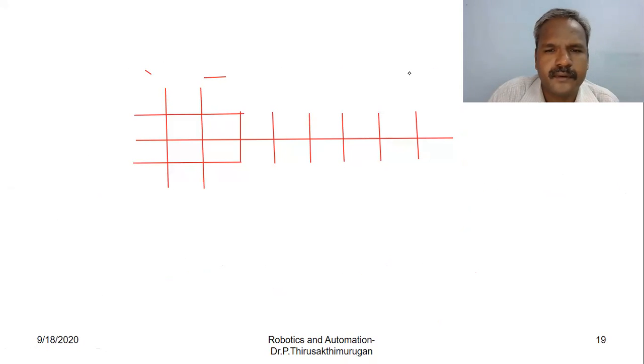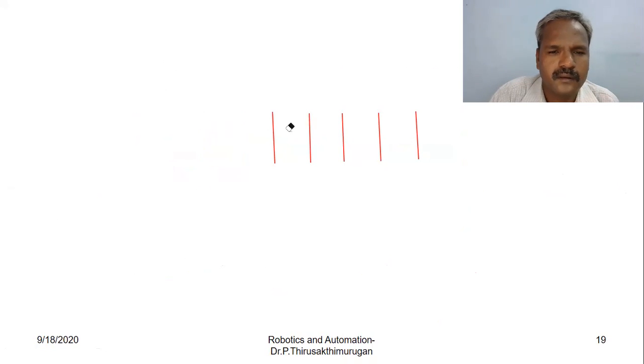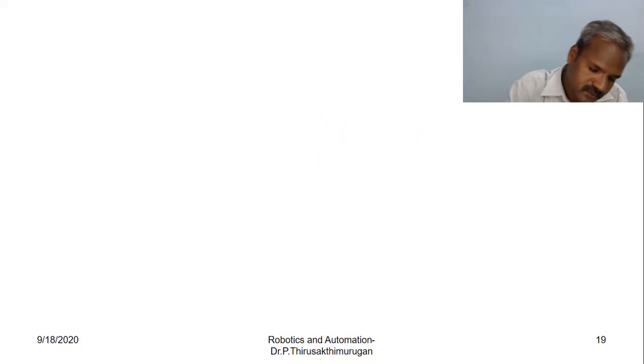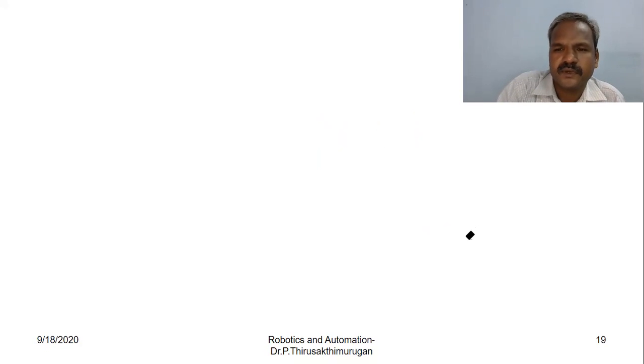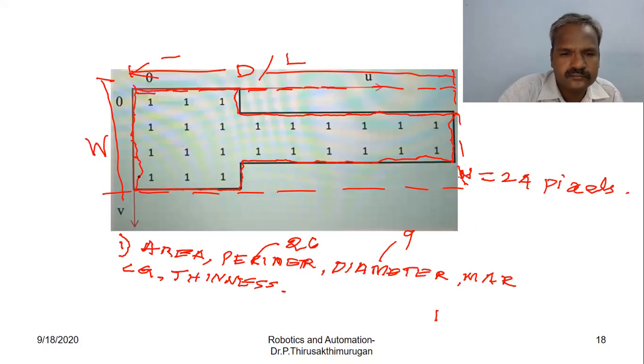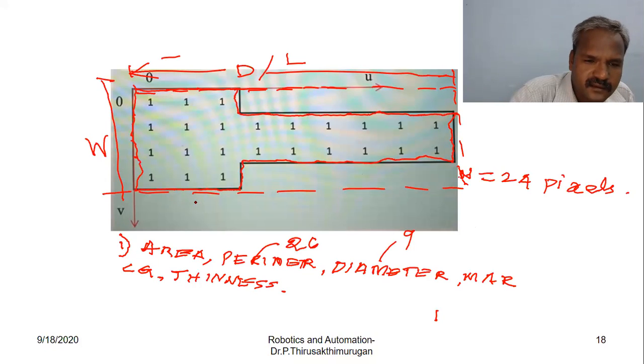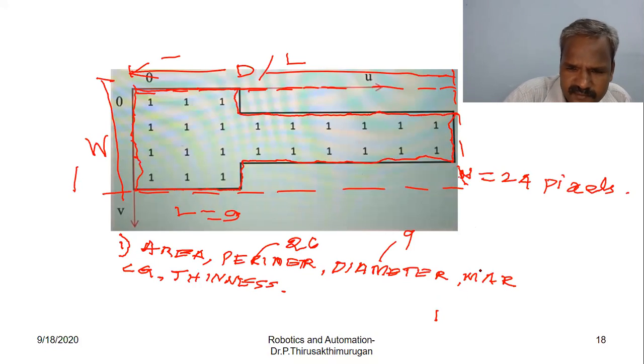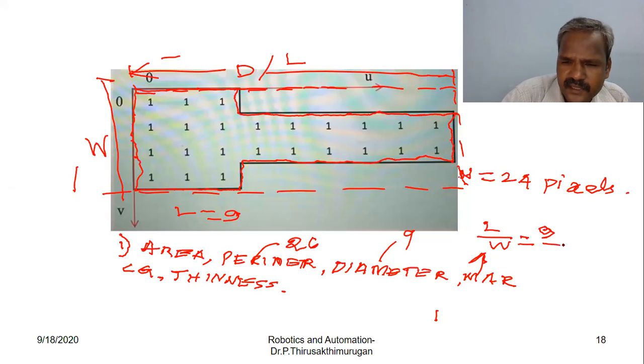Length, diameter, length equal to 9. Minimum aspect ratio means length by width. Length equal to 9, width equal to 4.